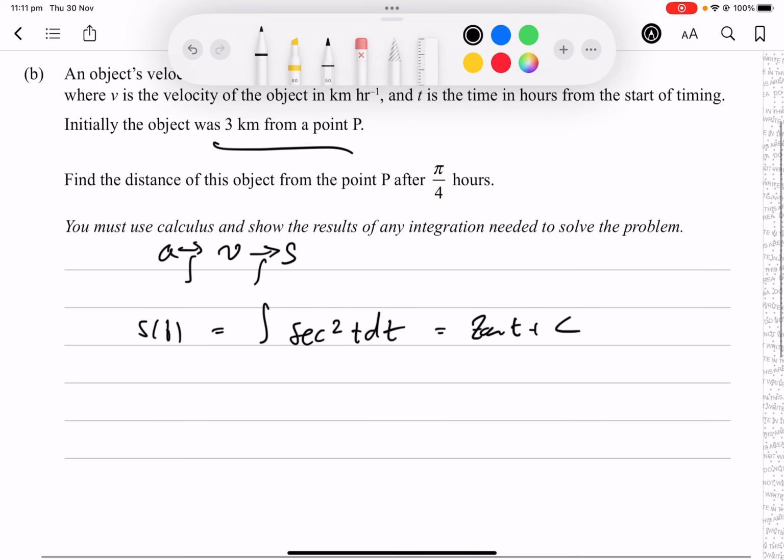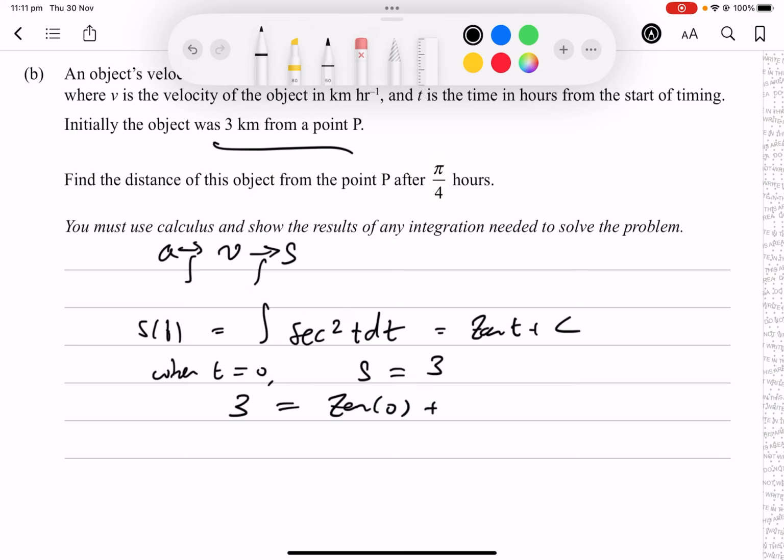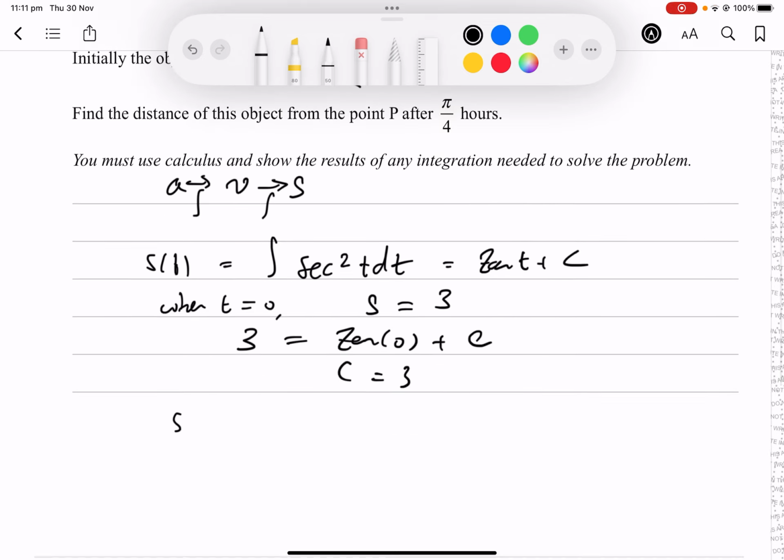So now we want to find what c is. We know that when t was 0, the distance was 3. So therefore 3 is equal to tan of 0 plus c. And we know that tan of 0 is 0. So therefore c equals 3. So therefore our s of t is tangent t plus 3.